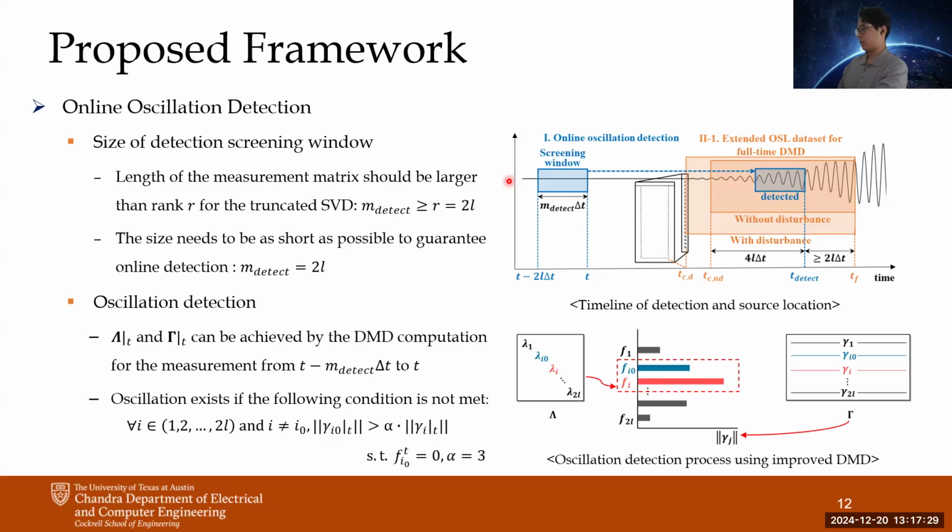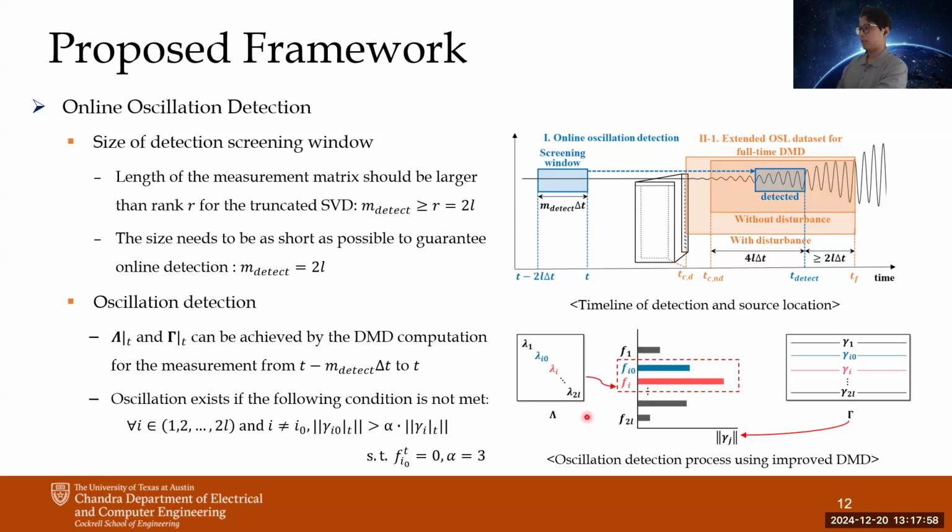But there are some limitations or minimum requirements for the stable DMD computation because it uses the SVD. So we set the size of the screening window as the minimum condition for the stable DMD computation. And based on this improved DMD computation, as I mentioned before, we can get this lambda and gamma matrices. From this lambda matrix, we can get which frequencies are included in the current measurements.